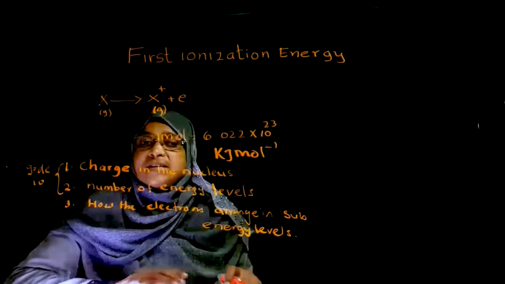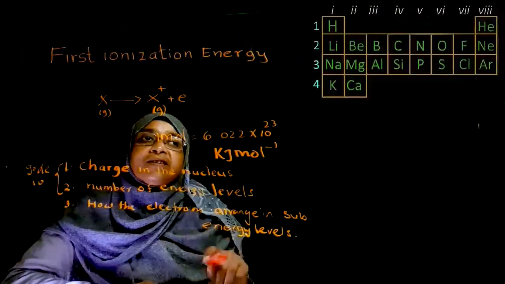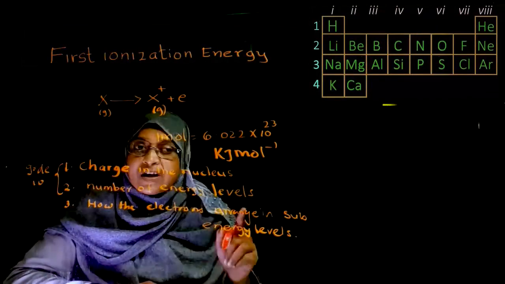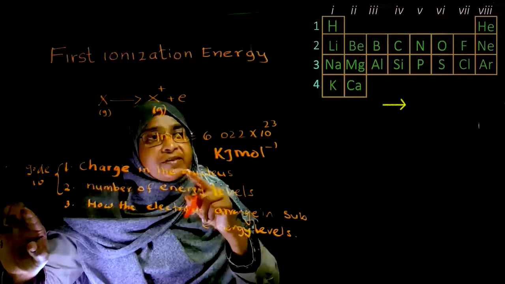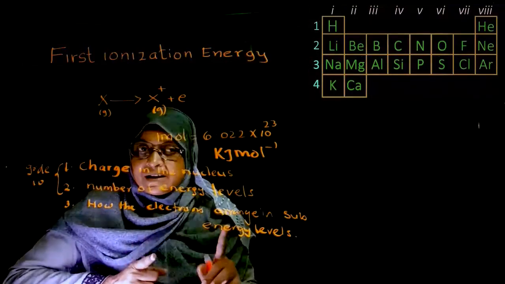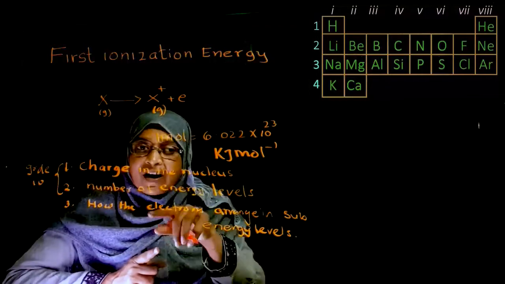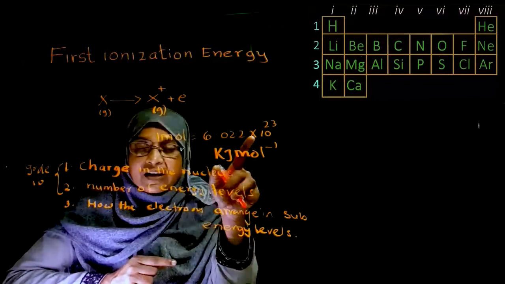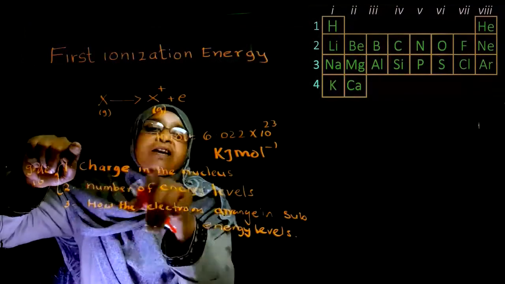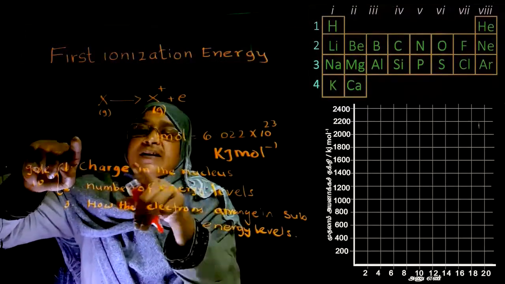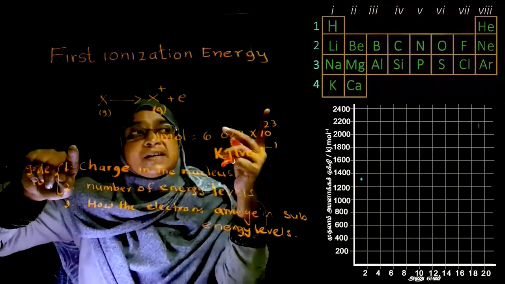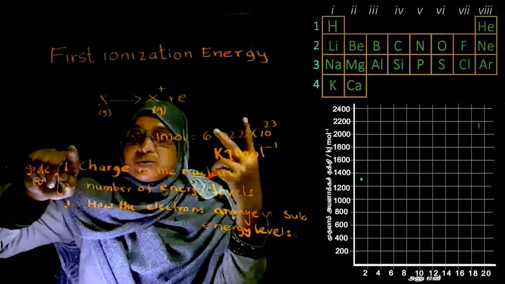Now let us see how the first ionization energy varies in a period from left to right. In the first period there are hydrogen and helium. There is only one energy level in both atoms, but hydrogen has 1 proton and helium has 2 protons.